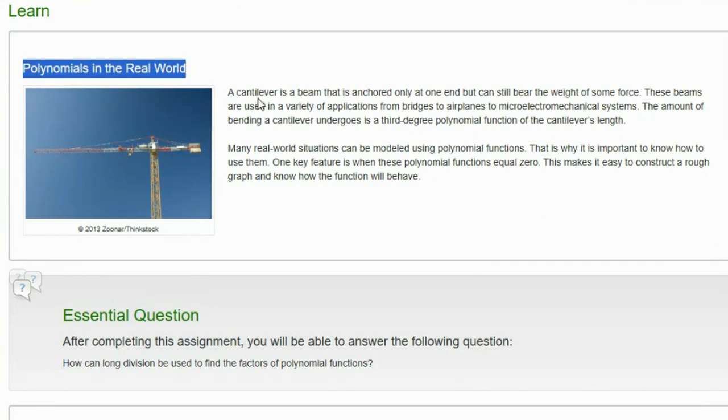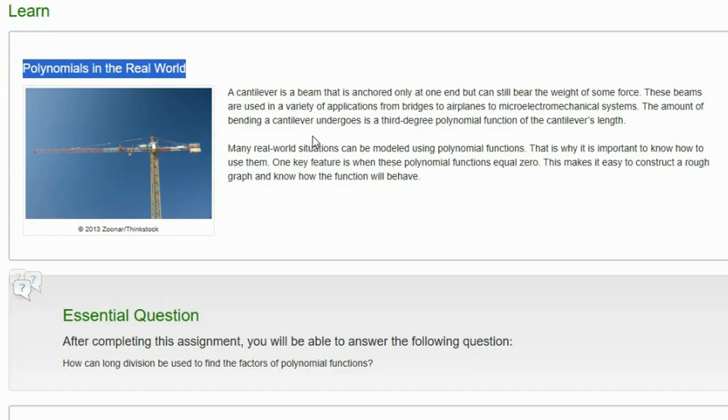So a cantilever, if you've ever heard of a cantilever, is a beam that's anchored only at one end, but can still bear the weight of some force. This is a good illustration of that. It's only connected right here, but due to the counterbalance in the back, it can hold a lot of weight on this end.